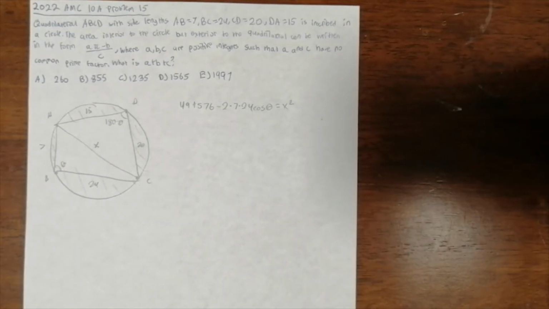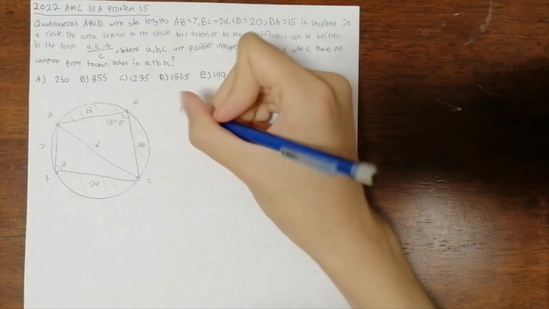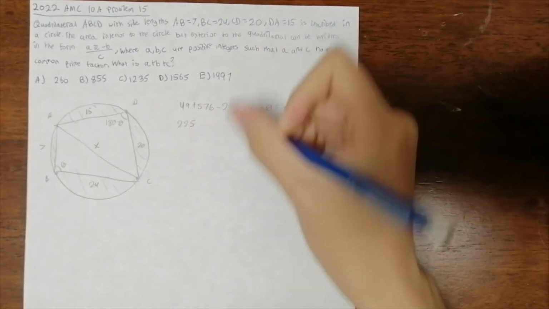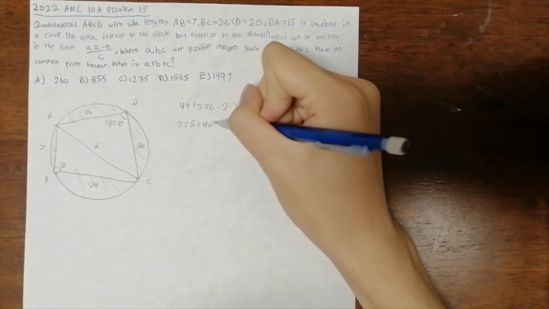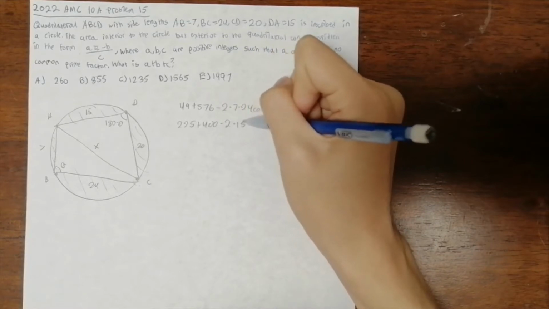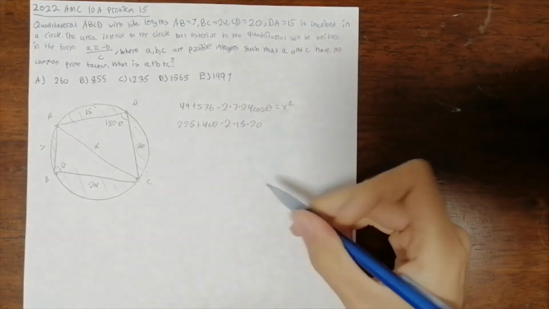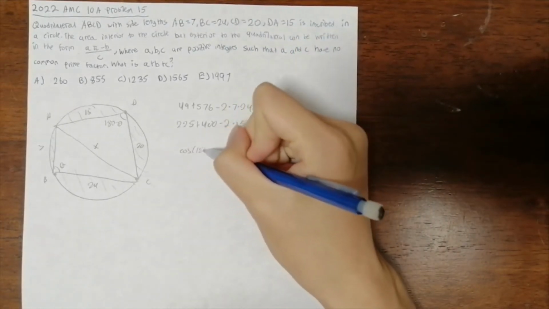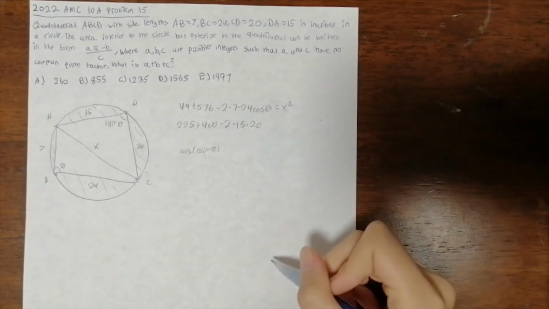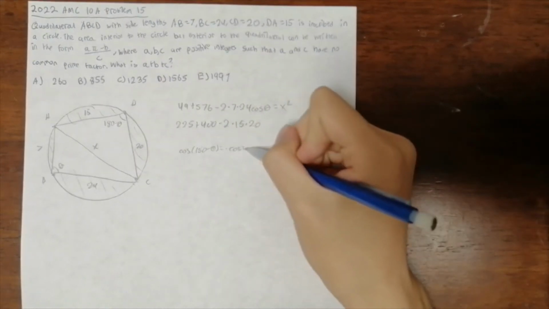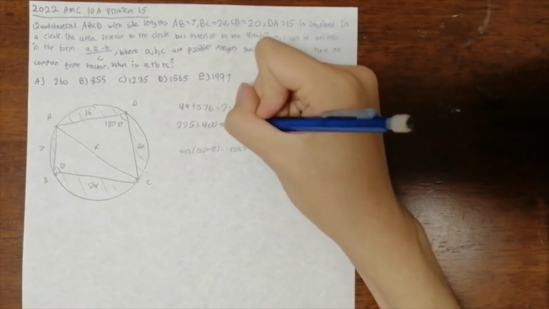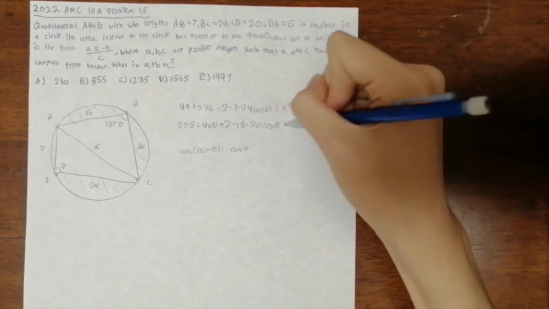And we can do the same thing for the other side. So 15 squared is 225 plus 20 squared, 400, minus 2 times 15 times 20 cos of 180 minus theta. This is equal to negative cos theta, so we just make this a plus, and then cos theta here equals x squared.